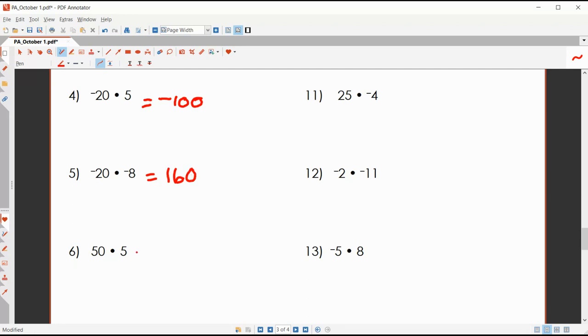Positive 50 times positive 5 is a positive 250.